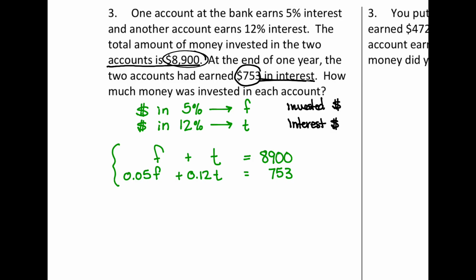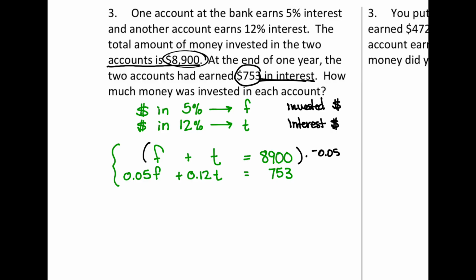You could do the decimal trick if you'd like and get rid of the decimals here and here, but that would add a couple extra zeros over here. Just be careful. You have calculators, so I'm just going to go ahead and multiply the top one by a decimal. I'm going to choose negative 0.05.